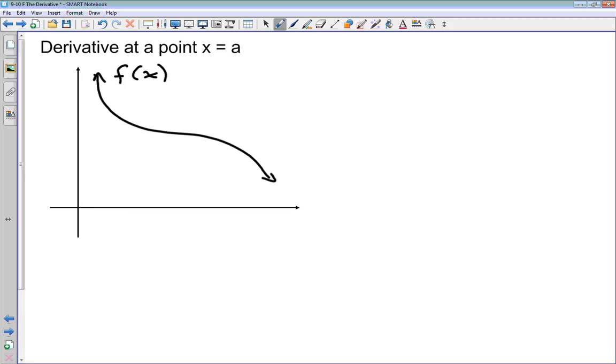We've got some particular point, some particular x value, where we want to find the value of the derivative. So this is a point on our function, right here. This is that point P we were talking about before. So if the x value is a, the y value is going to be f as a function of a.